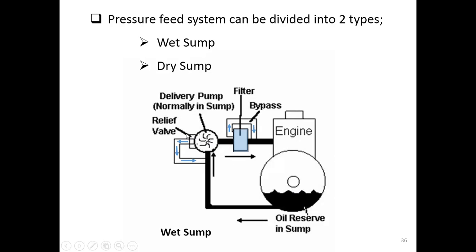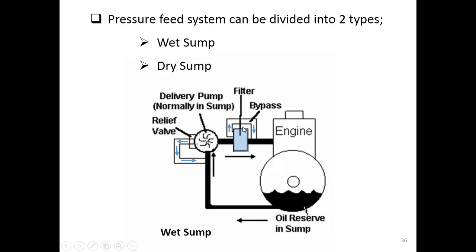It's normally in the sump here. And we are equipped with the relief valve here, so that if the pressure here is greater than the set point pressure, the relief valve will open and return this oil back to the sump here.